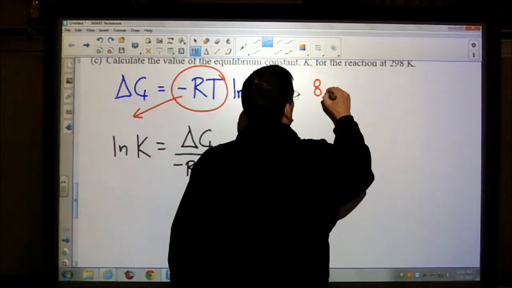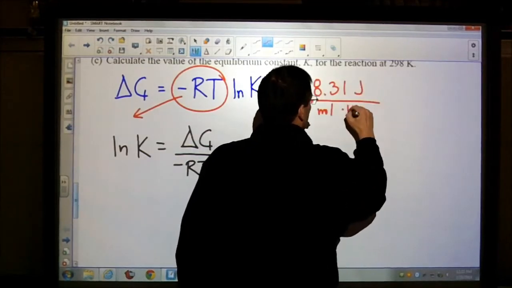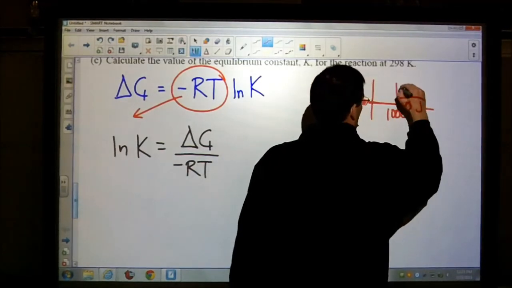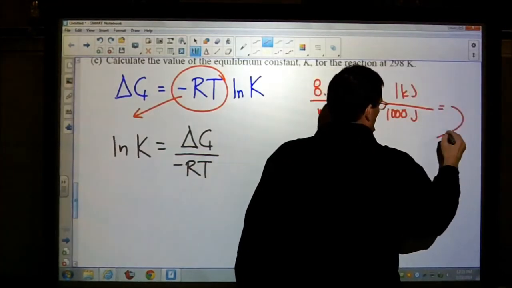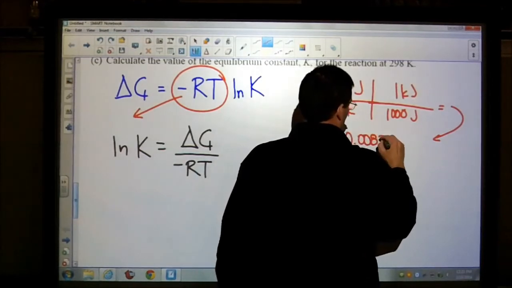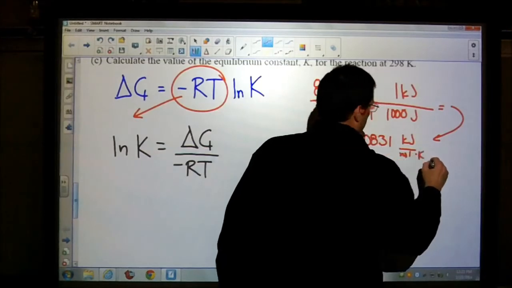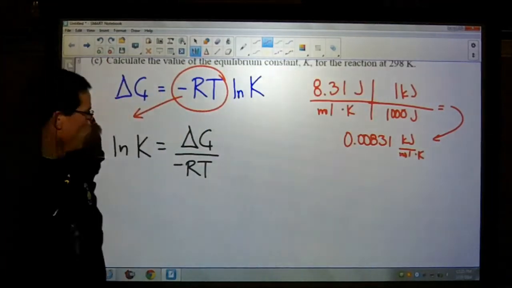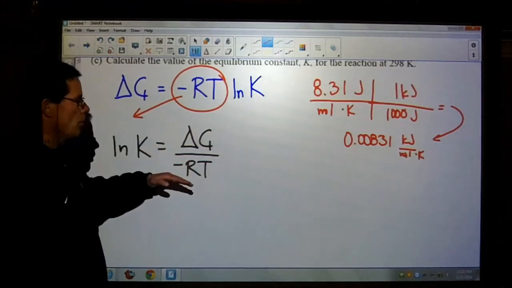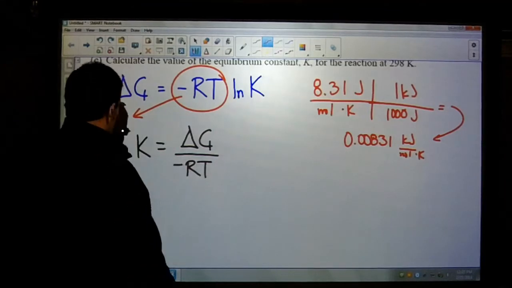So your 8.31 joules per mole Kelvin needs to be switched to look like this, where we have 0.00831 kilojoules per mole Kelvin. So we have to have like units whenever we're working with these types of problems, okay? We can't divide unlike units and expect them to cancel out since we're looking for a K here.